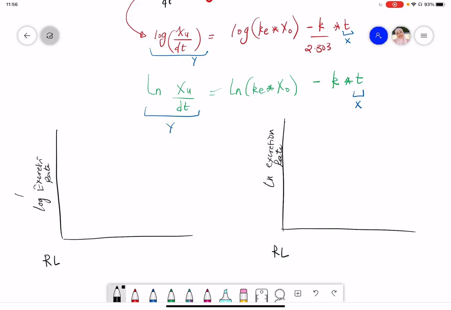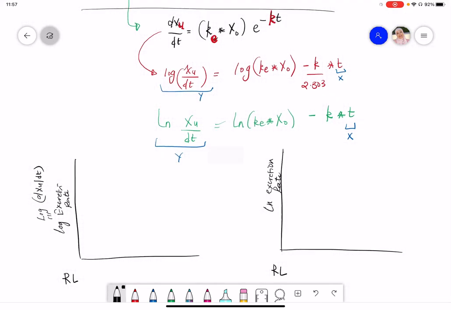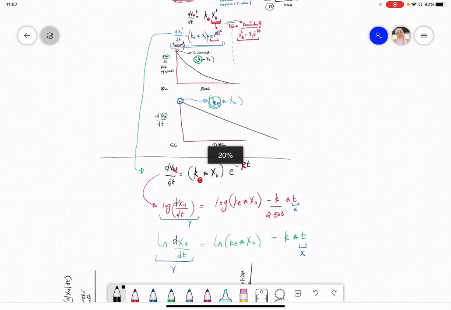This is log t. Oh, I didn't write it here, but this is dxu. Let me check if I wrote it here right.